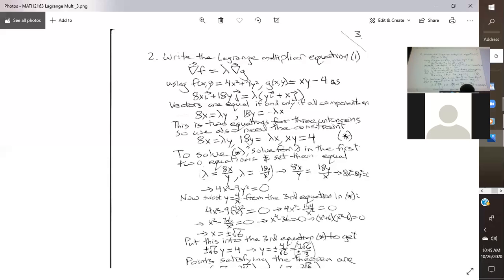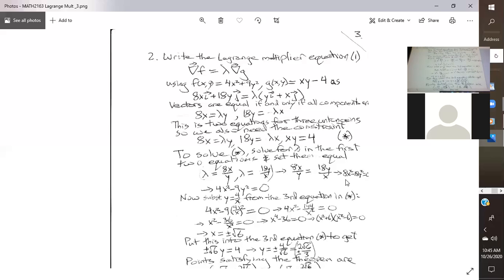And now, if you think about that, that is an equation in just x and y. And the constraint, the one equation we haven't used yet, is also an equation in x and y. So what we now do is we substitute from this equation we just found, 8x squared minus 18y squared equals 0, and the constraint equation in star up above, xy equals 4.